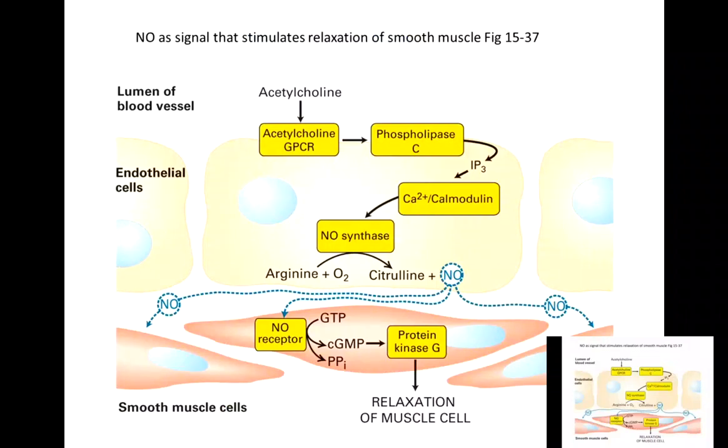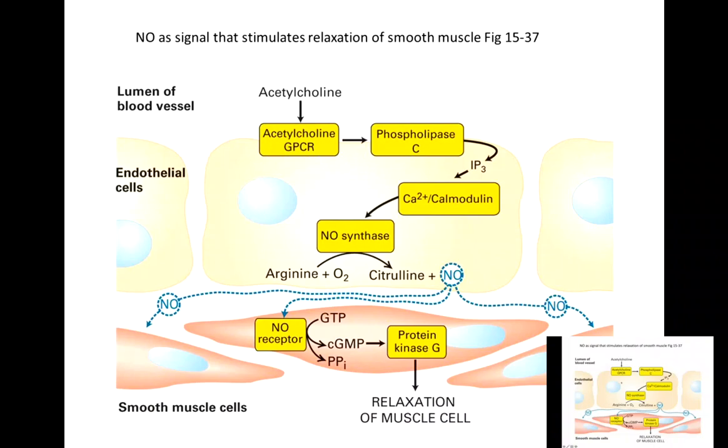Okay. So nitric oxide does other things too. It's a very common signaling molecule. It's involved in smooth muscle contraction and relaxation, and smooth muscle like that lines blood vessels.